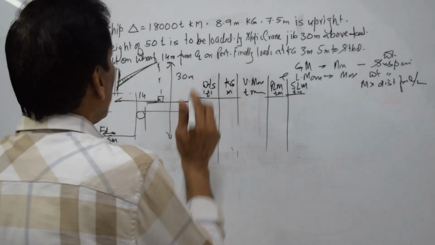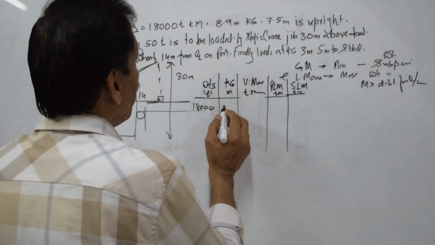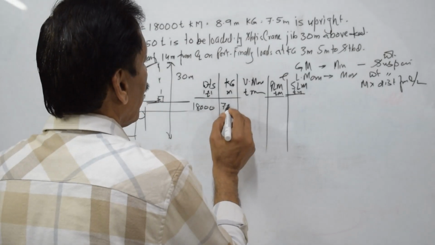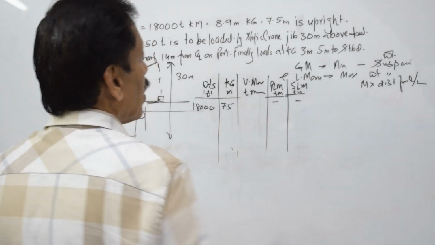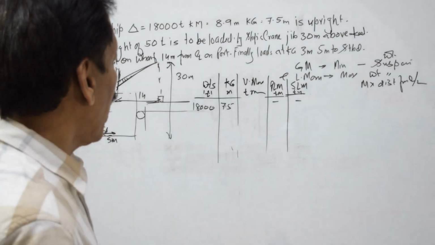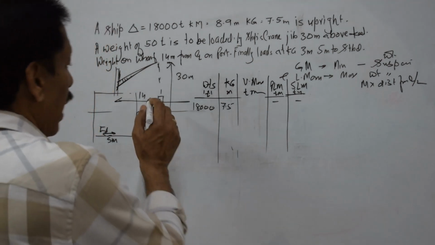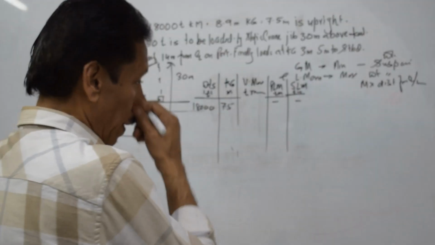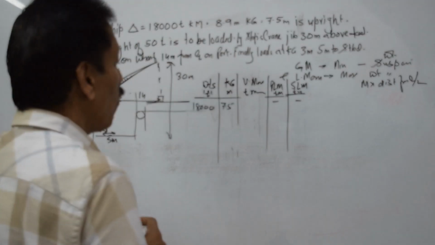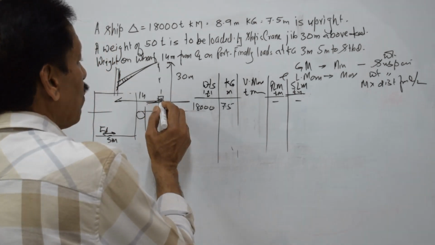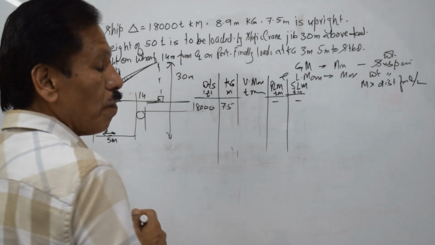So the displacement of the ship is 18,000 tons. KG is 7.5 meters. The port listing moment and starboard listing moment at the moment are 0. As the weight gets lifted on the wharf, the weight is as if shifted upwards to the tip of the crane.